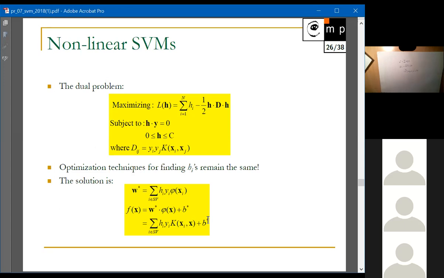Now, in the linear case, we'll do it always like this. Calculate W, get one vector. For decision, do a dot product of 2 vectors.